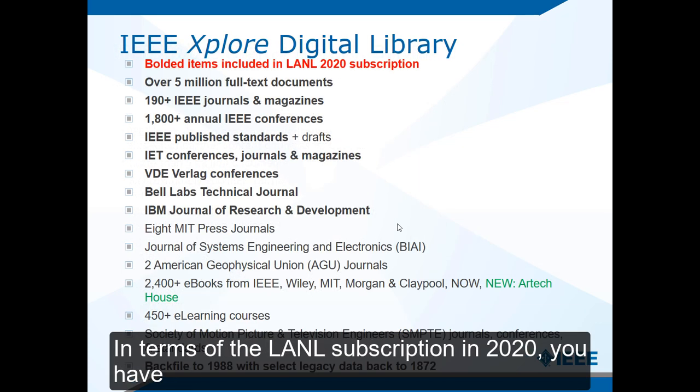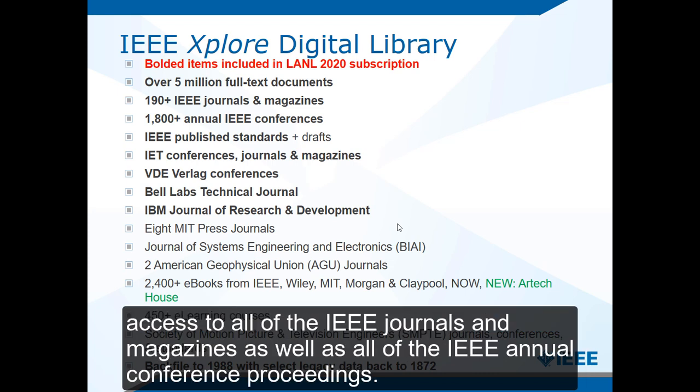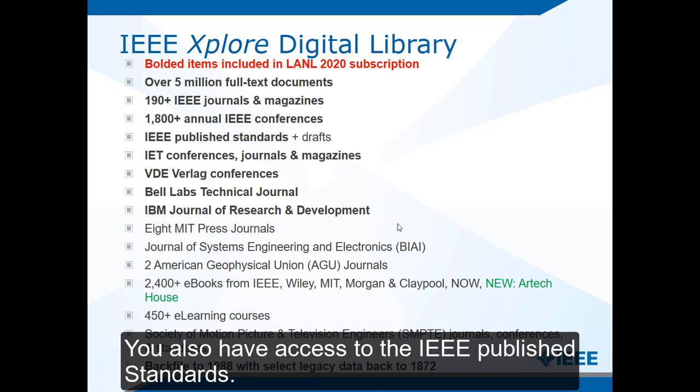In terms of the LANL subscription in 2020, you have access to all of the IEEE journals and magazines, as well as all of the annual IEEE conference proceedings. You also have access to the IEEE published standards.